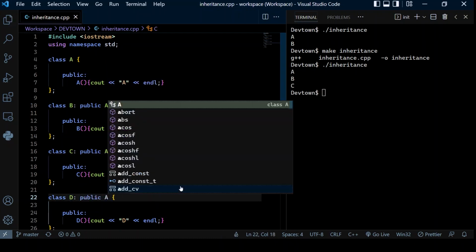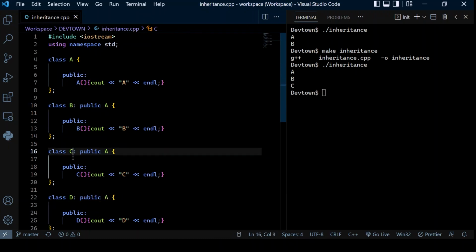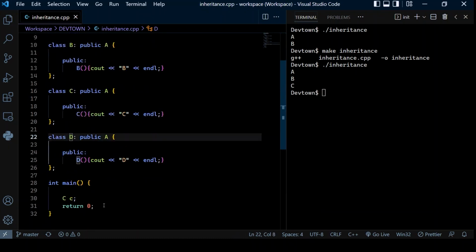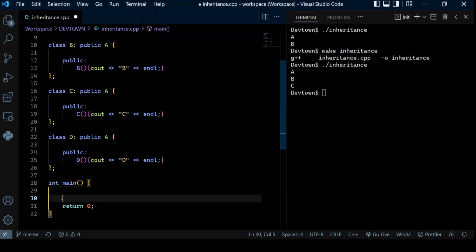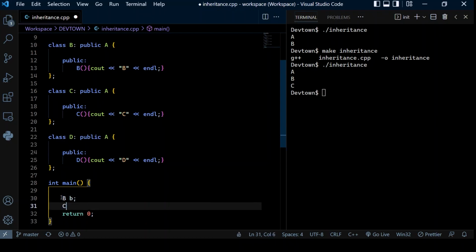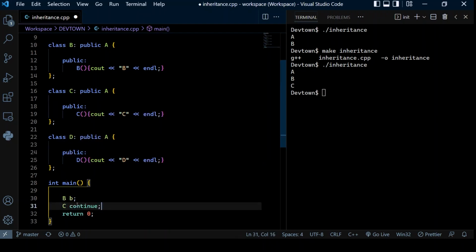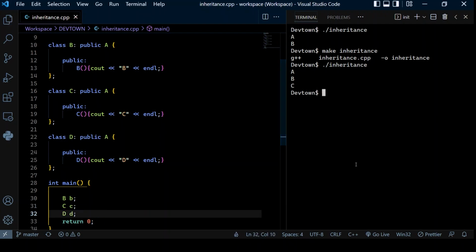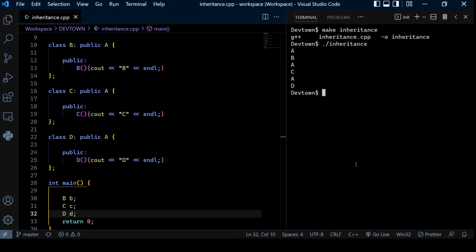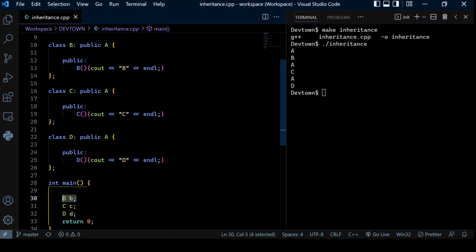So public A. In this case, all my three classes B, C, and D are inheriting from A. Since they are all examples of single inheritance, we know what to expect in terms of how the constructors are being called. So we see that for B, it will be A and B. For C, it will be A and C. And for D it will be A and D.